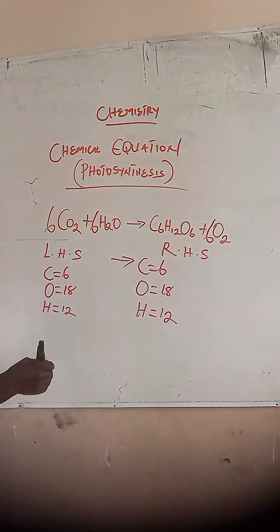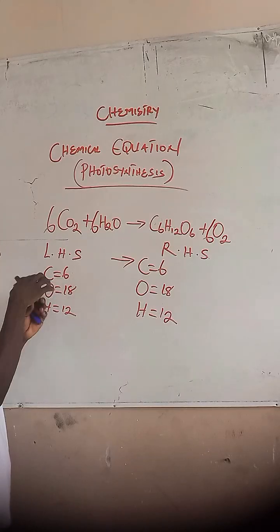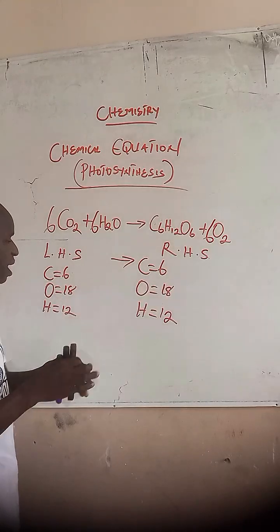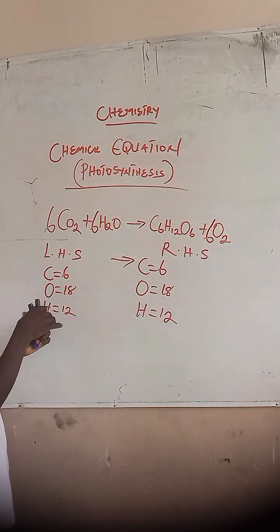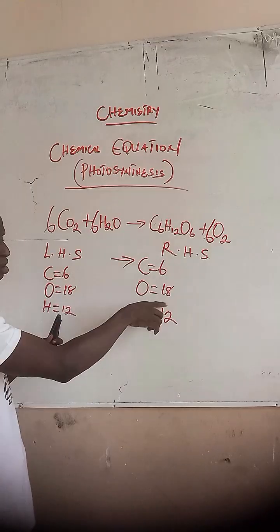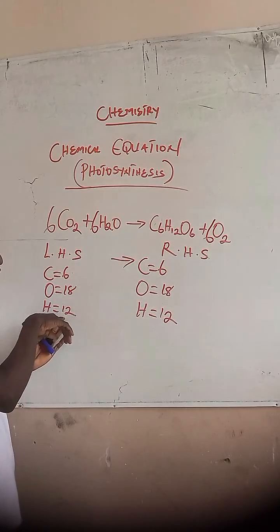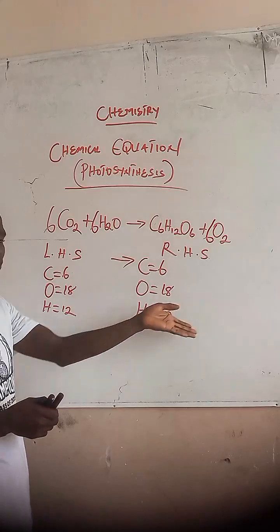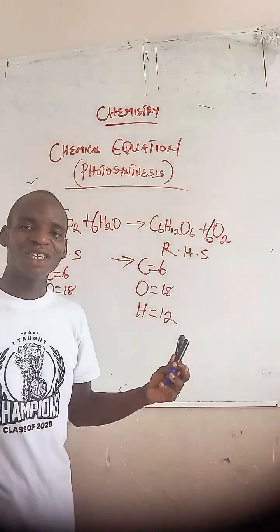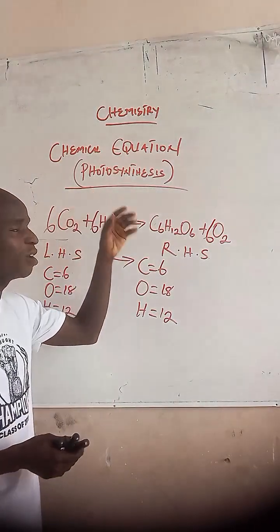So you see, we have 6 carbons on the left, 6 carbons on the right, 18 oxygens on the left, 18 oxygens on the right, and 12 hydrogens on the left, 12 hydrogens on the right. So the equation is balanced, and this is simply the equation for photosynthesis.